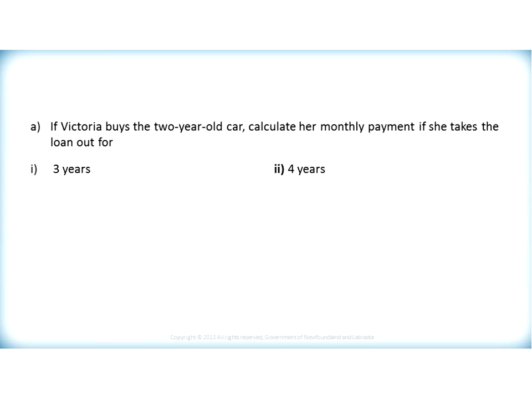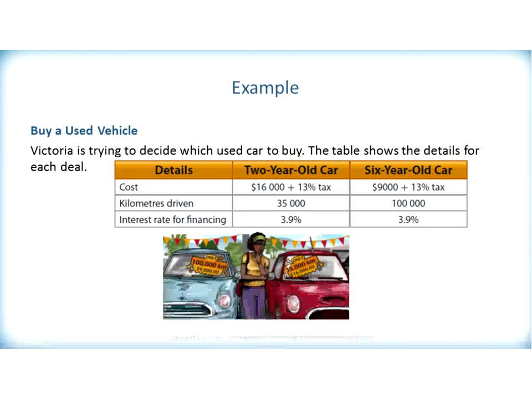So if Victoria buys the 2-year-old car, calculate her monthly payment if she takes the loan out for 3 years first, then 4 years. What we have to do first is find out how much the car is going to cost in total, because recall that it's worth $16,000, but there's also 13% tax on it.